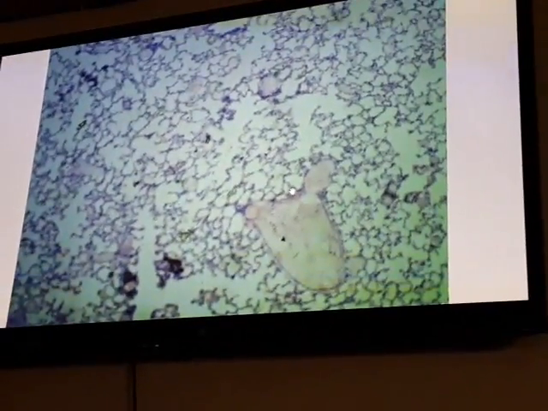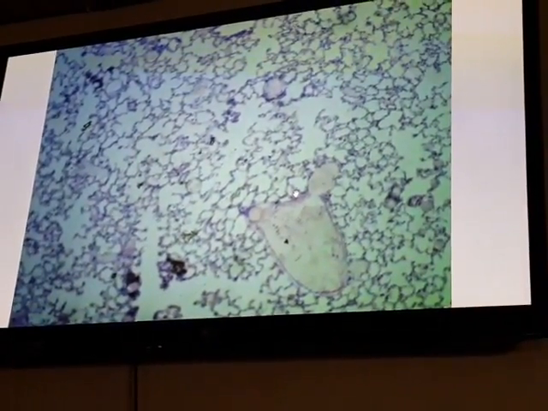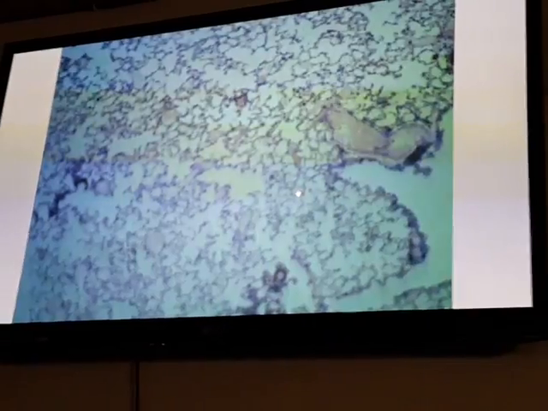Third slide, a section in the lung. The trachea is divided into two primary bronchi that enter the lung at the hilum.